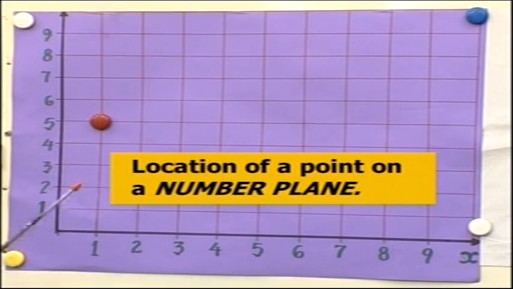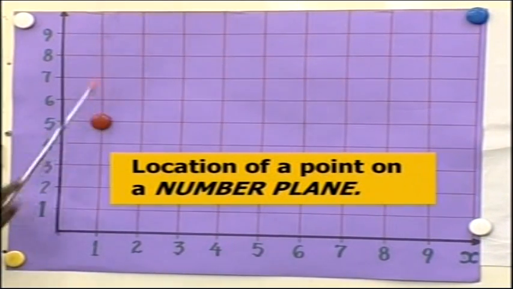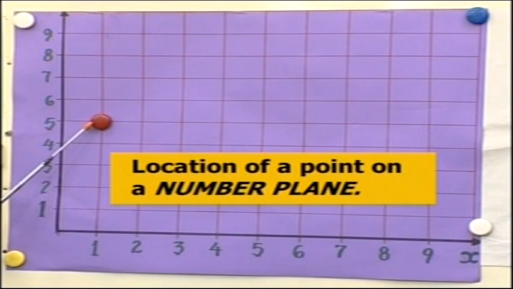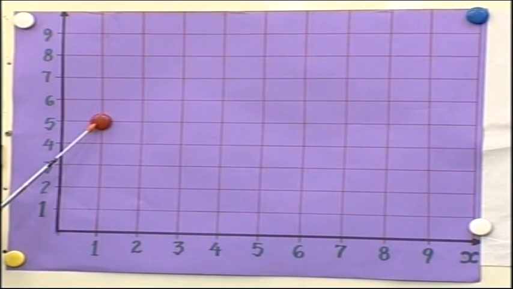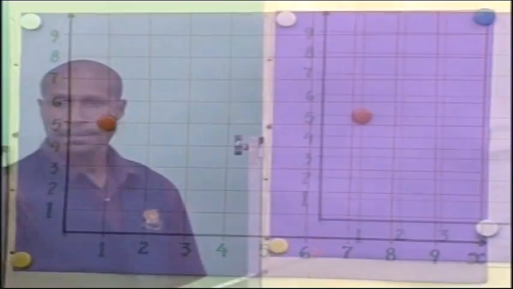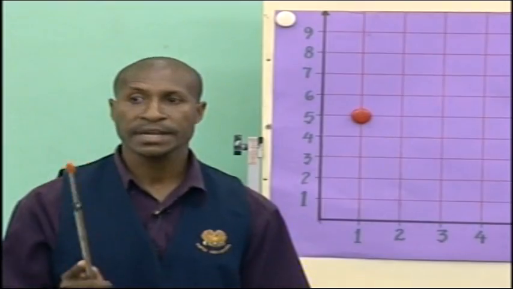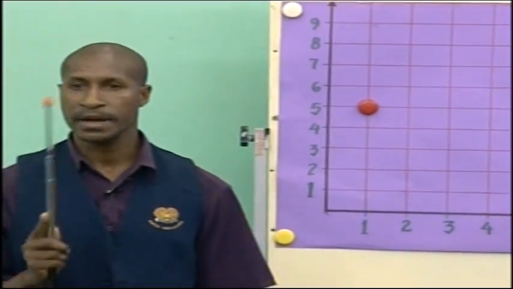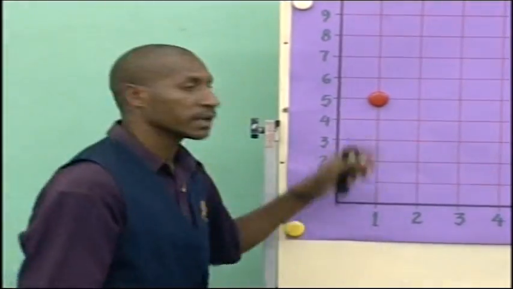Now, for example, this magnet indicates a point. Okay? So, what are the two coordinates of this point? Remember, coordinates are two numbers which show the location of a point.